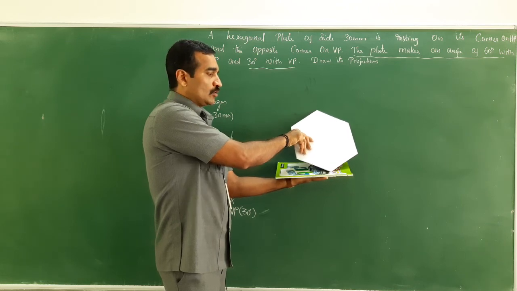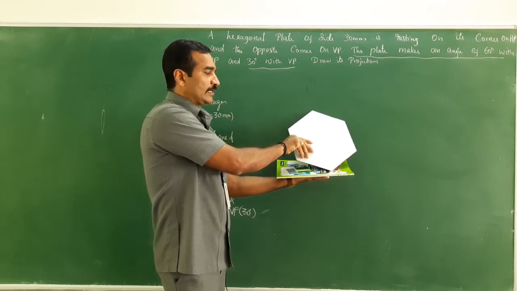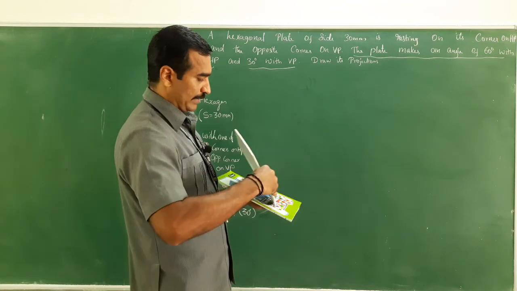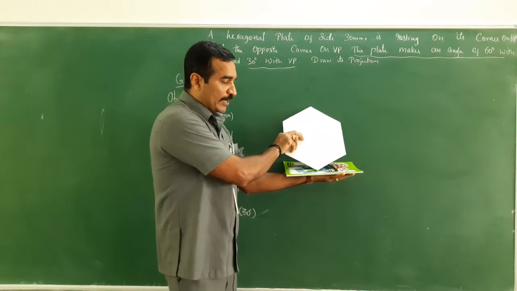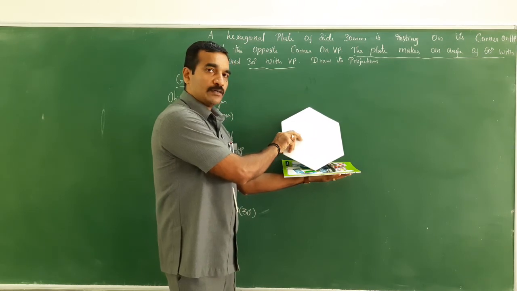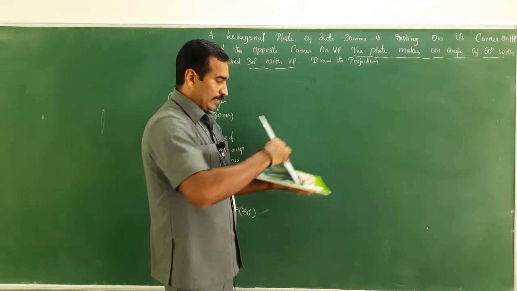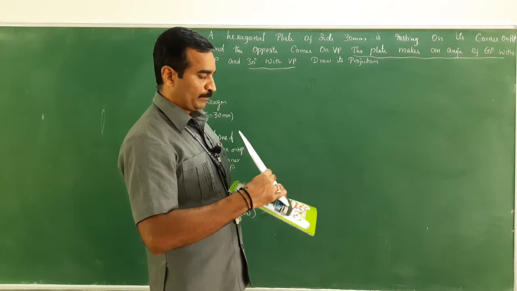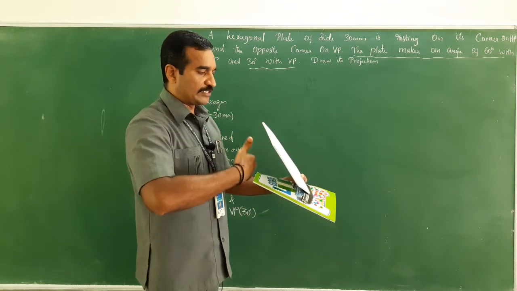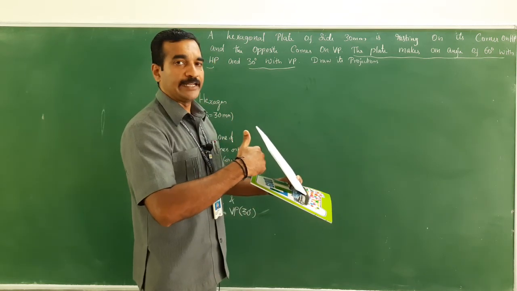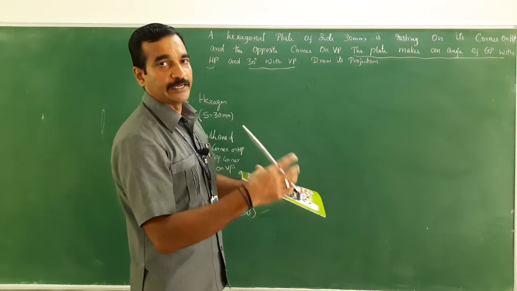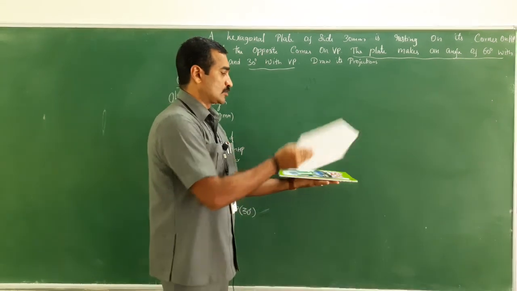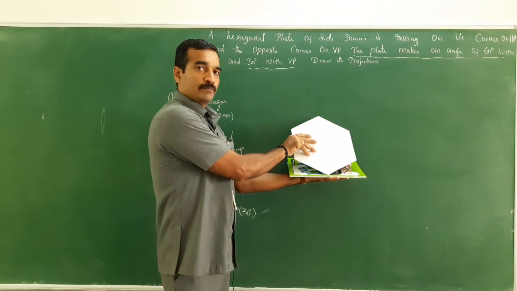So if you look at it in this manner, look here, this is the final position, isn't it? One corner on HP and the other corner on VP, right? If you look at it from this angle, this is the vertical plane, this is making 30 degree with VP and this surface makes 60 degree with HP. This is how the position could be, right?